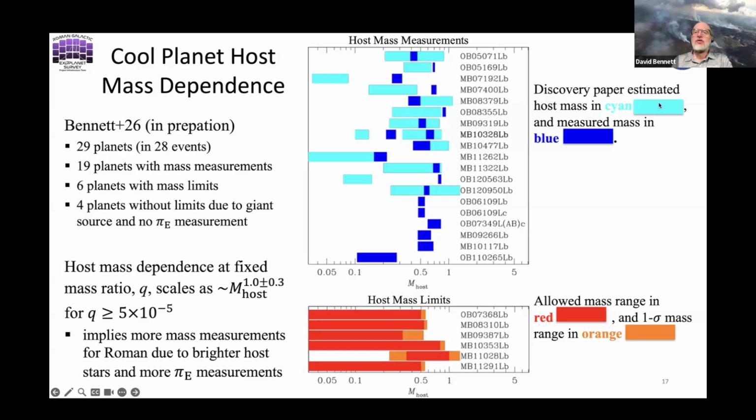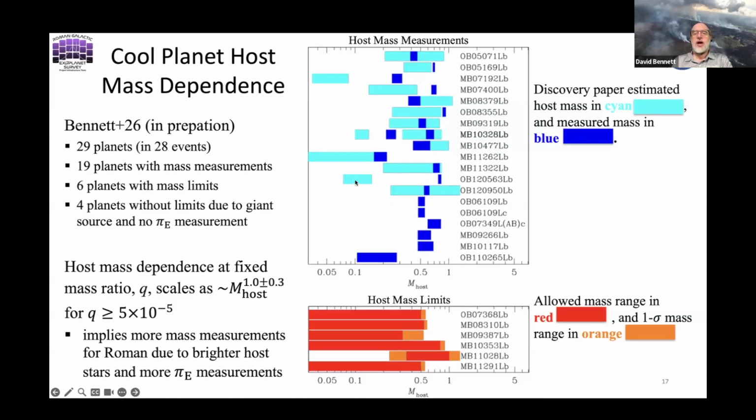And the cyan was estimated host mass without any mass measurement. And so you can see that a lot of these have mass measurements that are near or even beyond the higher mass end of the relation.